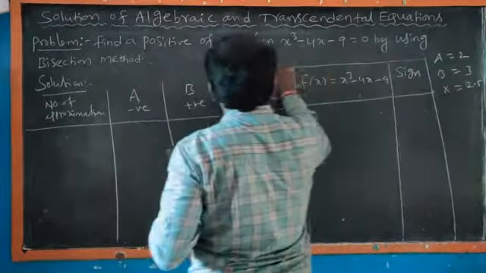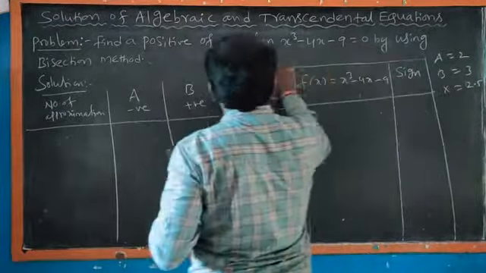This is a negative value. So f of x is a negative value when we take x equal to 2.5. So substitute the x value in negative a. So a is 2.5, and the b value is the same. Now this is the second approximation.